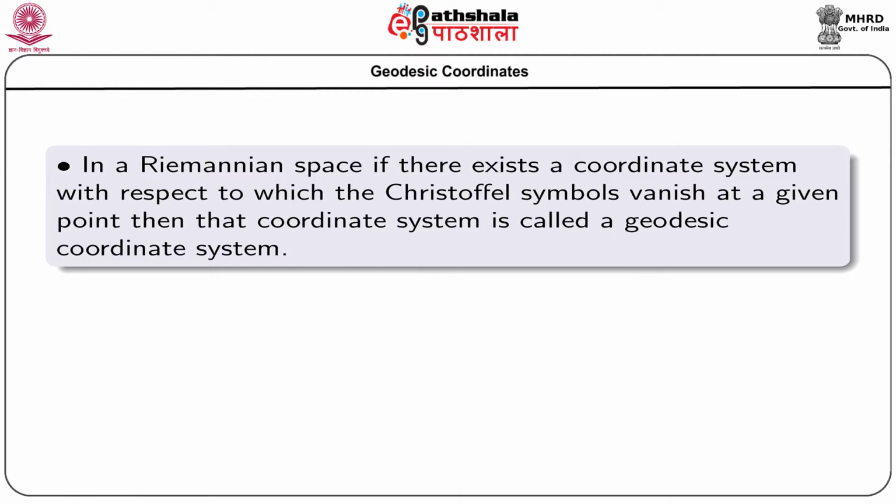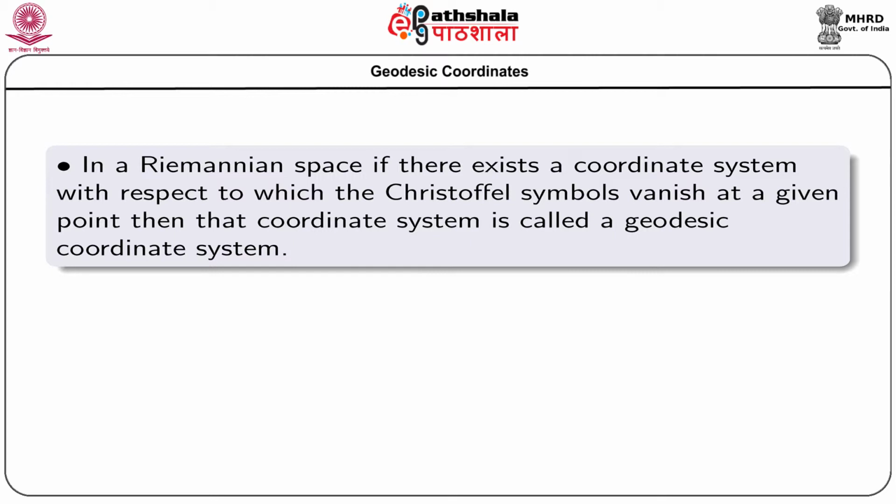Now, if there exists a coordinate system where the Christoffel symbols vanish at a given point, then that coordinate system is known as a geodesic coordinate system.